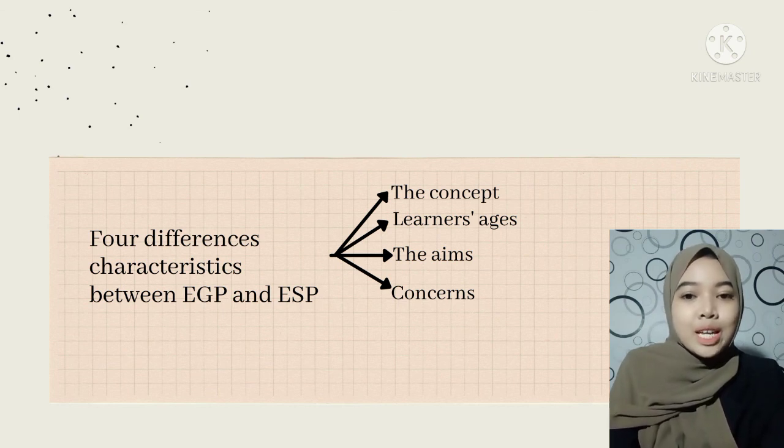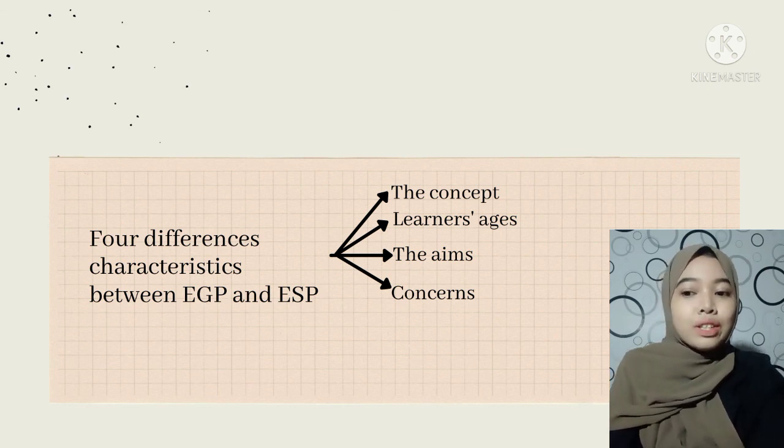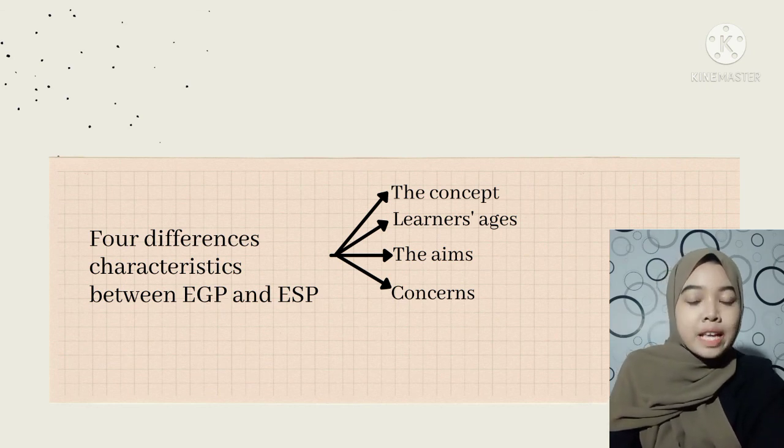From the learner age, EGP is for all of the learners, while ESP is just for adults or in some cases high schools. From the aims of EGP and ESP.